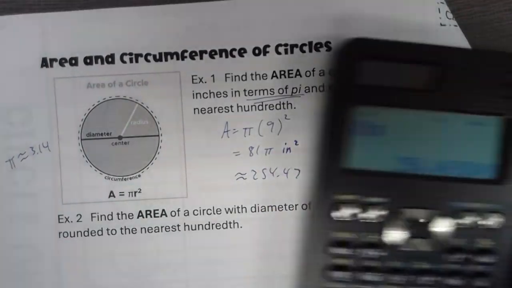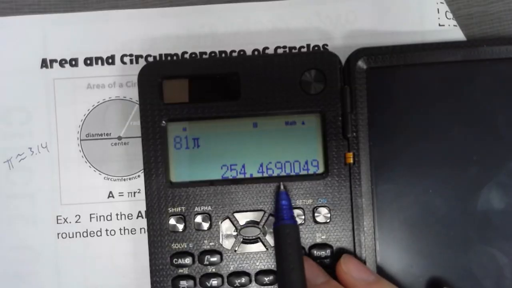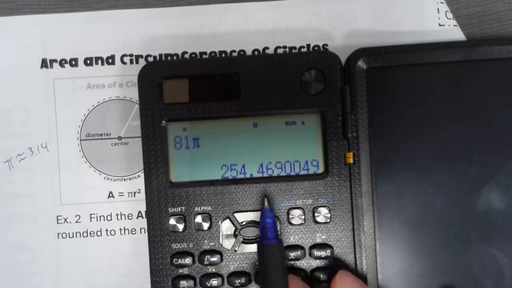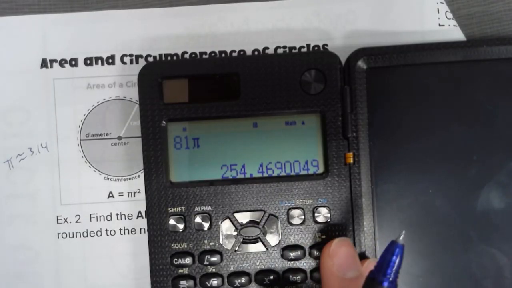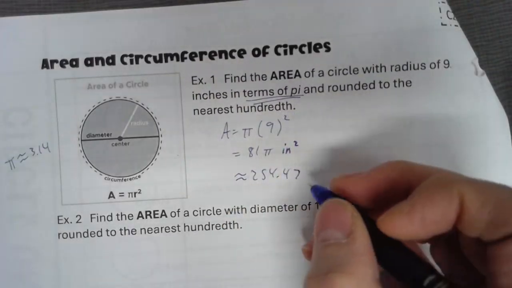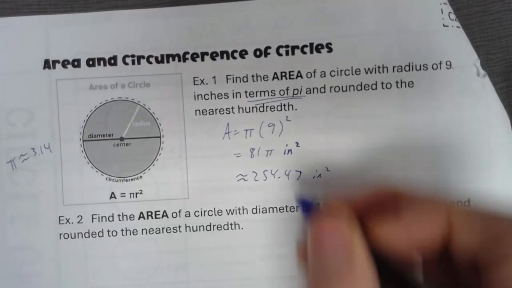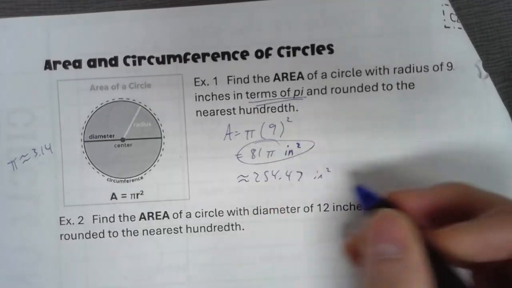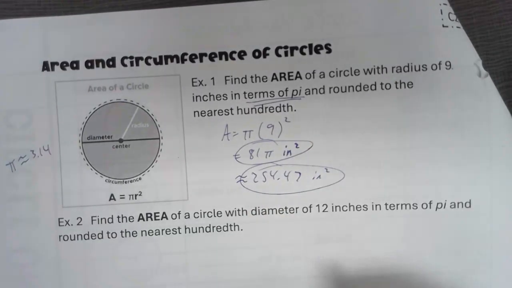Notice that the next digit is a 9. That means that 6 is going to round up. This is closer to 47 than it is to 46. That's the nearest hundredth, 2 decimal places, square inches. Okay, so we have 2 answers: our answer in terms of pi and our rounded answer.